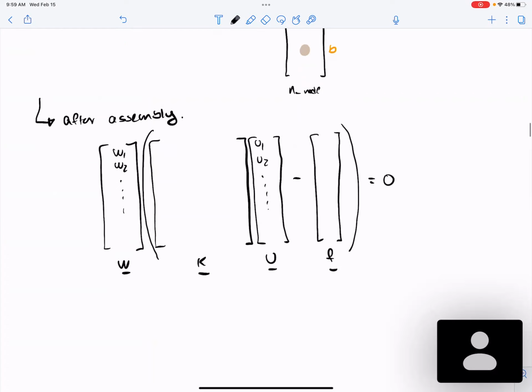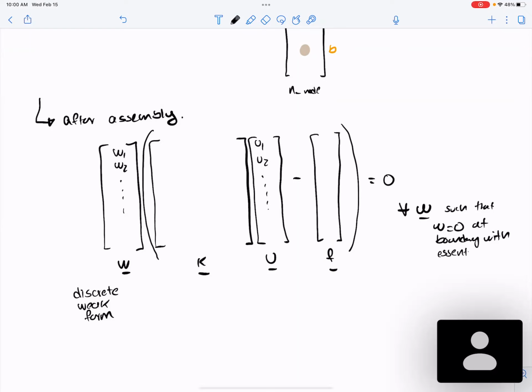This is also called the discrete weak form. And this has to be 0 for all W's such that W equals 0 at the boundary with essential boundary condition or Dirichlet boundary condition.